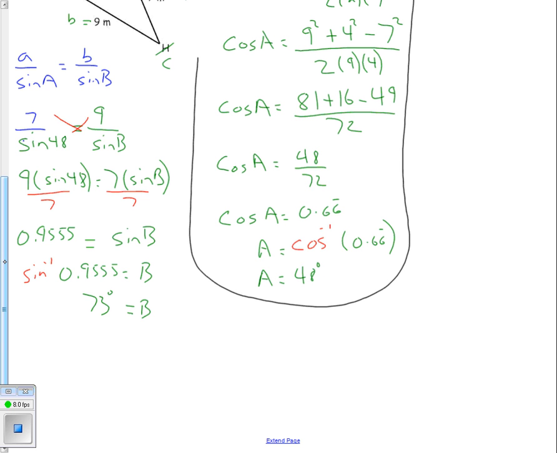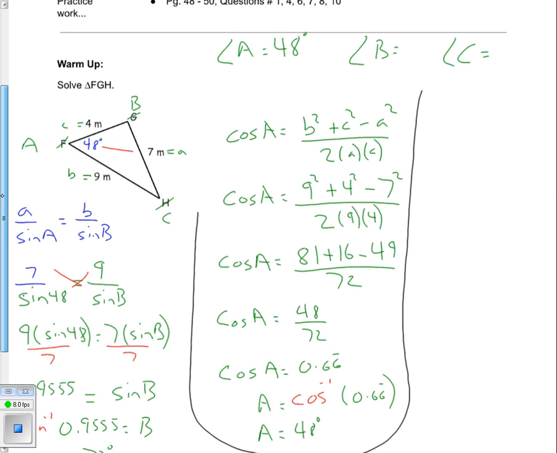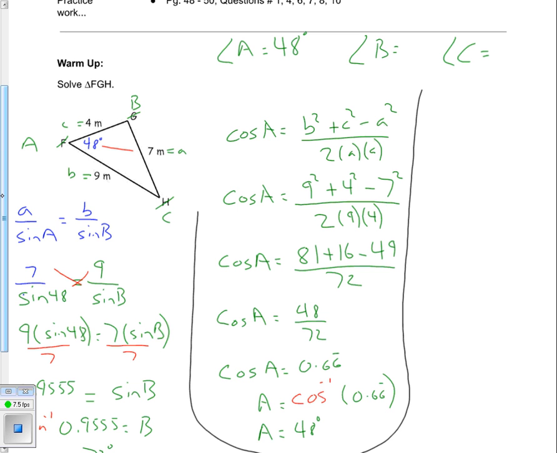Okay, so now I know that angle B is 73 degrees. I know that angle A is 48 degrees. So now we want to figure out, well, what's angle C?